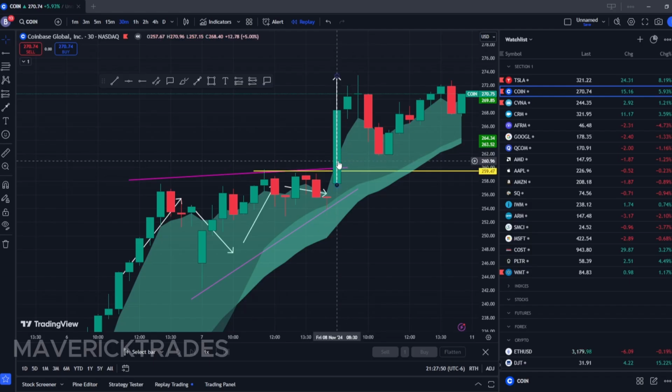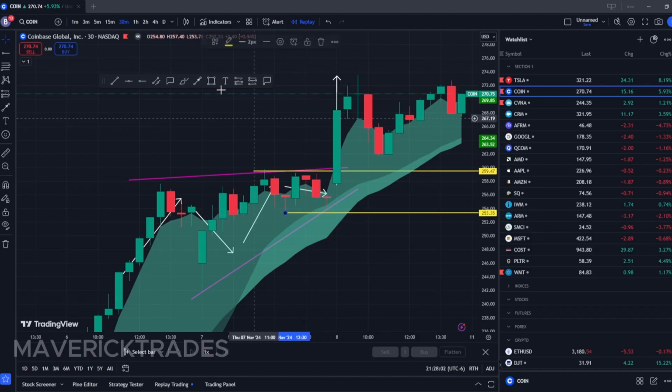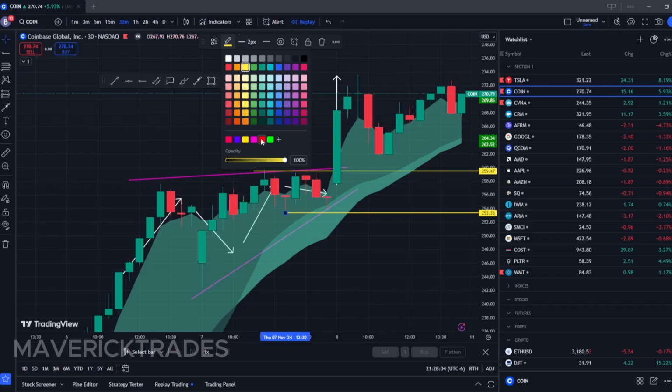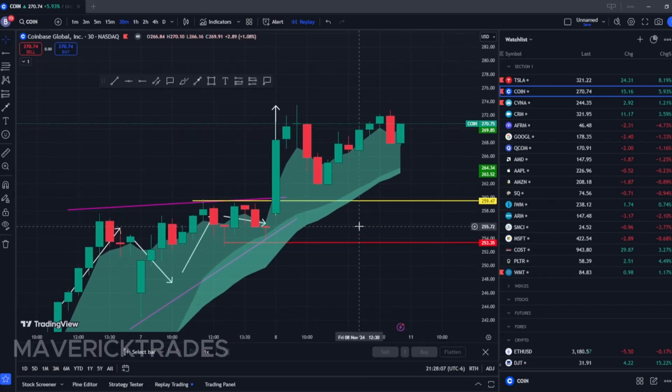Okay? And now the next question is, where do I set my stop loss? You're going to want to set your stop loss right here. Okay? The reason for that is you want to leave a little bit of room for the play to play out. So the candlestick might break above the resistance, but then go back in the overall wedge.